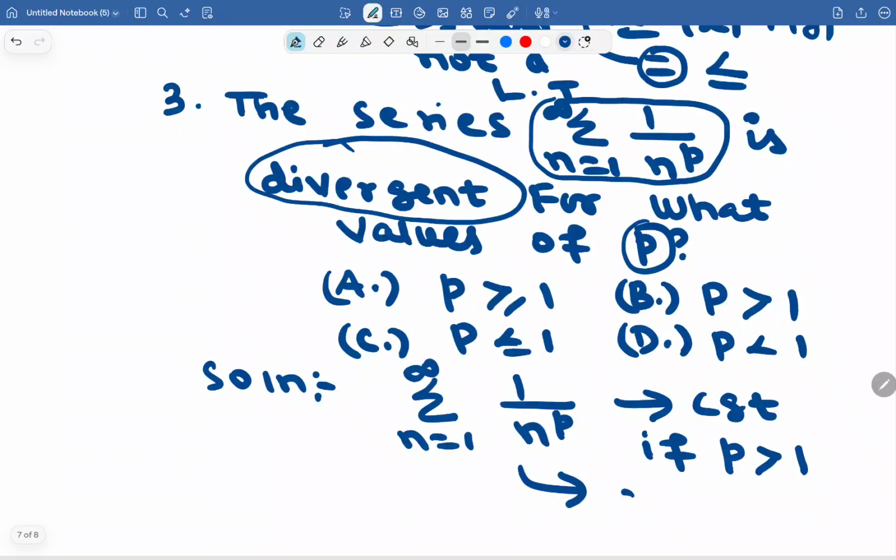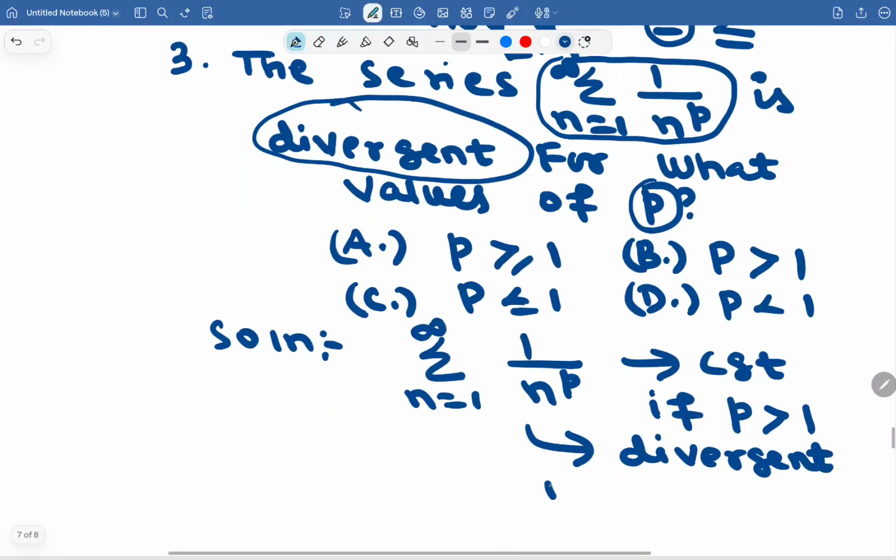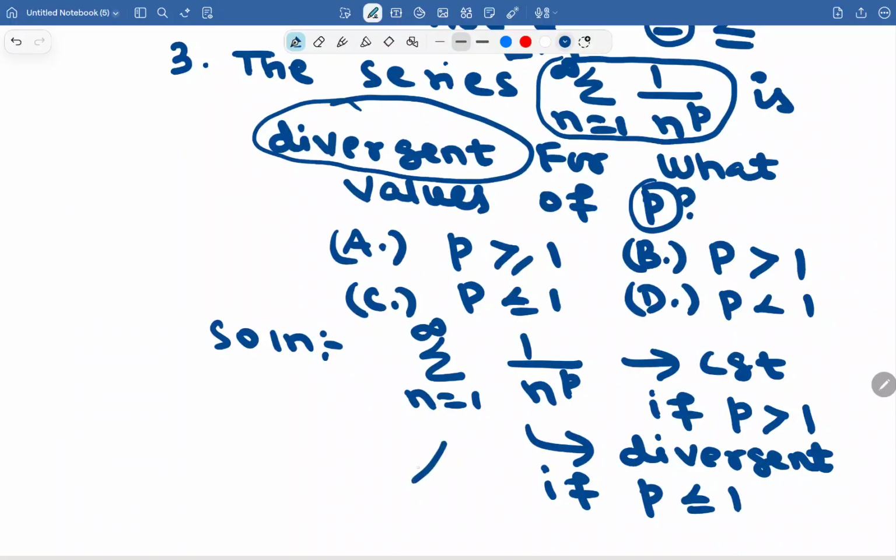The same series is divergent if p less than or equal to 1. This is the p test. Therefore option C is the correct option. For p less than or equal to 1, the series summation 1 by n power p is divergent.